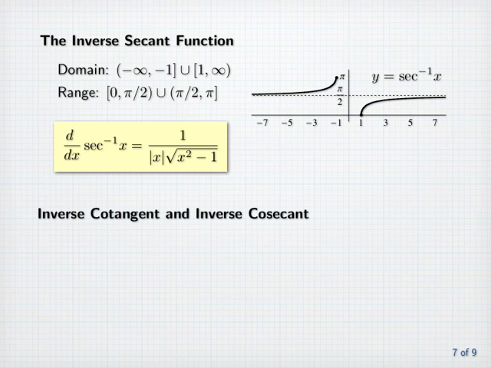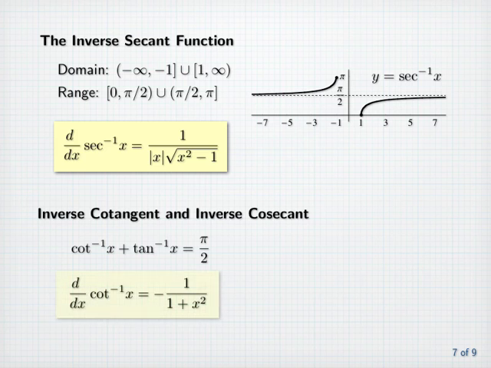Now we have only to consider inverse cotangent and inverse cosecant. Just as in the case of inverse sine and inverse cosine, we can think of inverse tangent and inverse cotangent as complementary angles. That is, they always sum to pi over 2. Thus, their derivatives are negatives of each other.